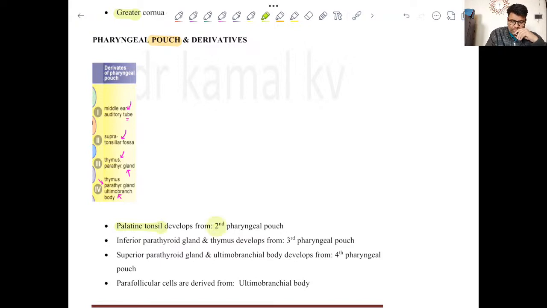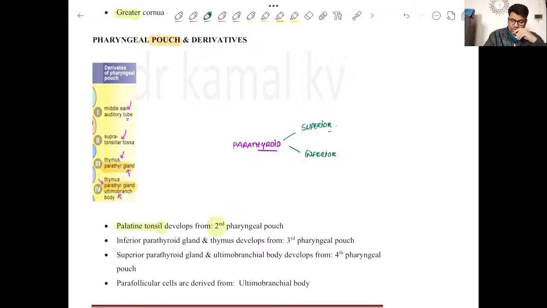Now we can see here parathyroid. In parathyroid gland we have two parts, superior and inferior. Now the development of these is different.